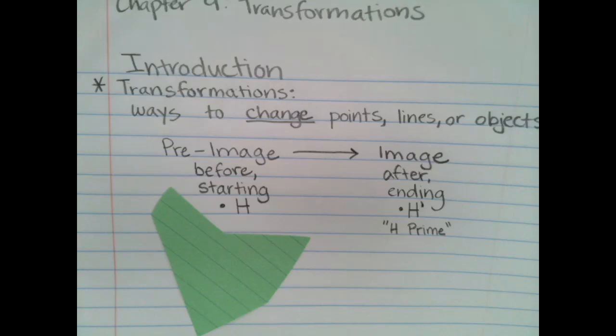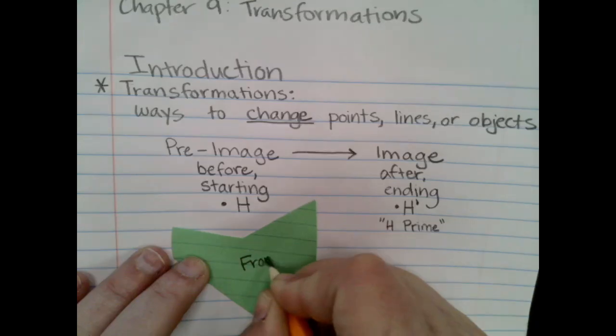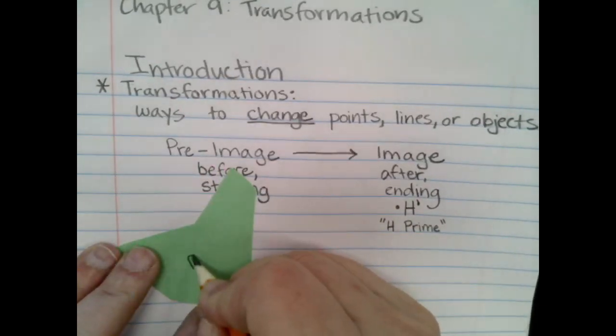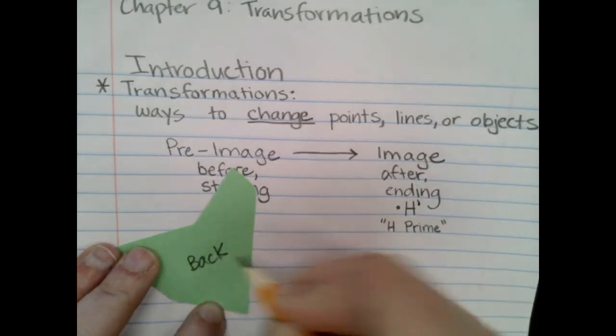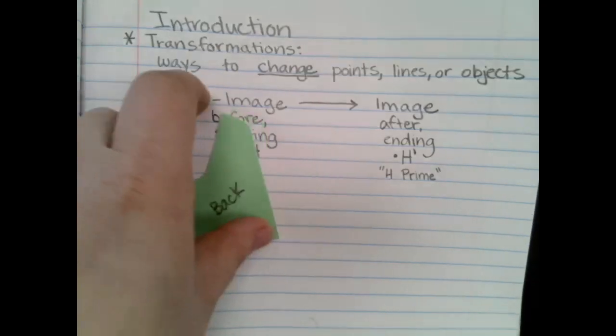If you lost it, find it. On one side, label it front and one side back, so you know which side is the front and which side is the back.